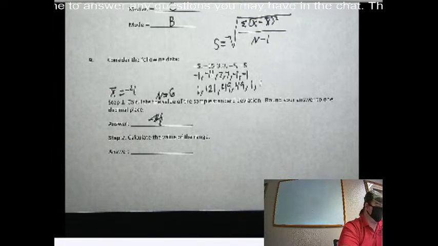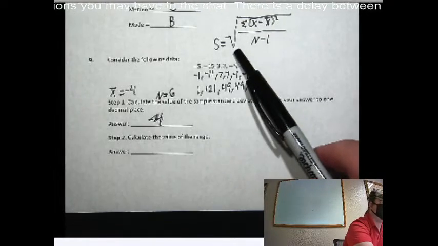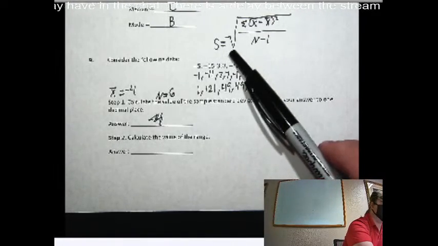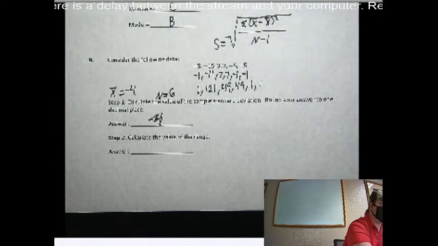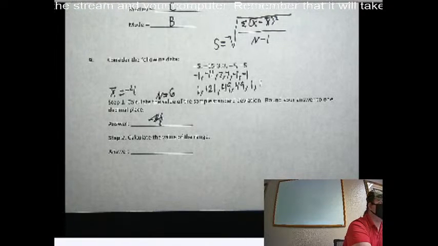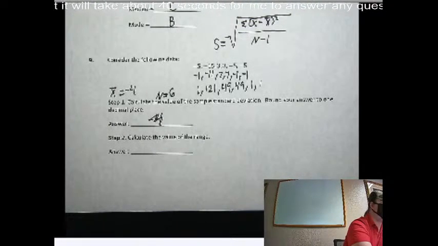Now, do you remember what this value is? We haven't taken our square root. Once we take our square root, we have standard deviation, but before that, we have what? Do you remember? Okay, it's called variance. We didn't go over it in this class because it's not very useful to us with what we're doing.